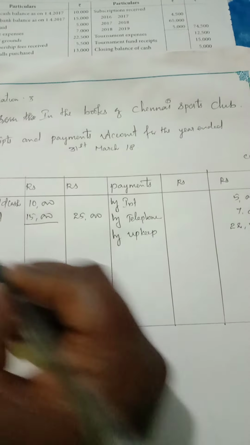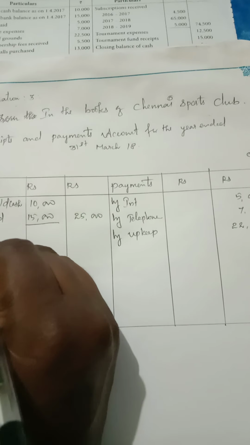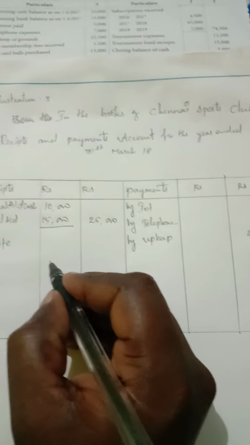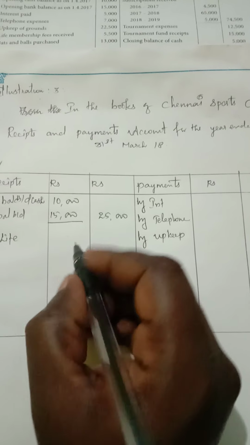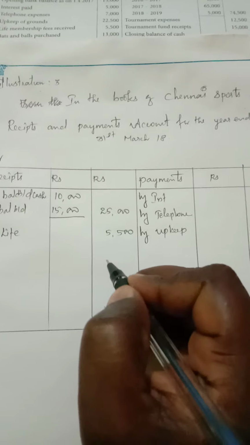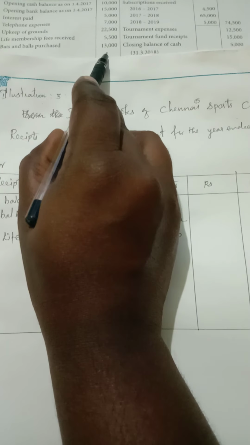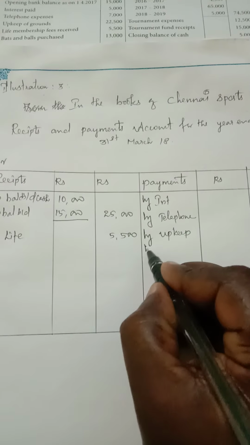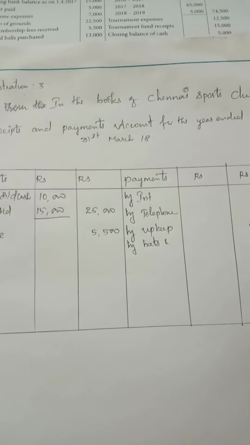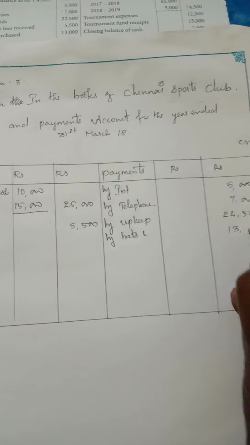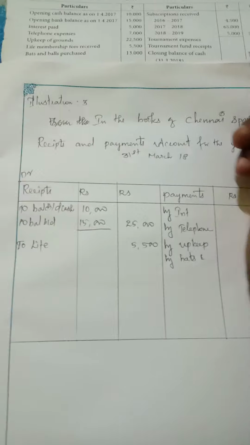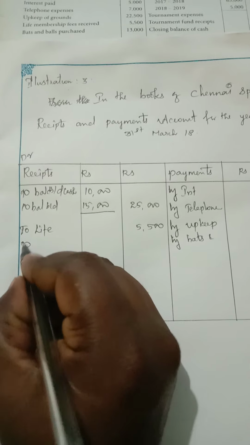Life membership is an income, so we write on the debit side, life membership fees 5,500. Next, bats and balls purchased, an expense, we write on the credit side, bats and balls rupees 13,000.